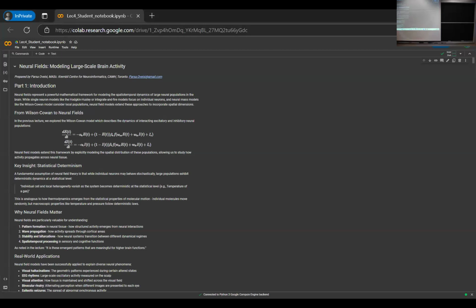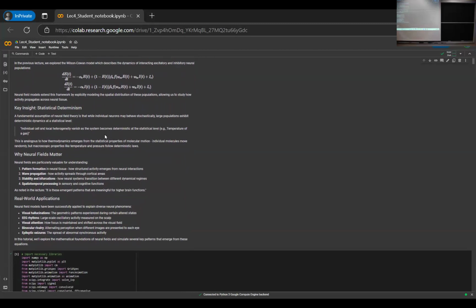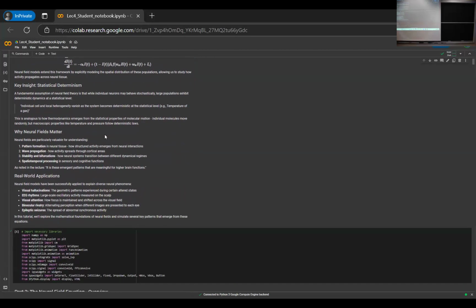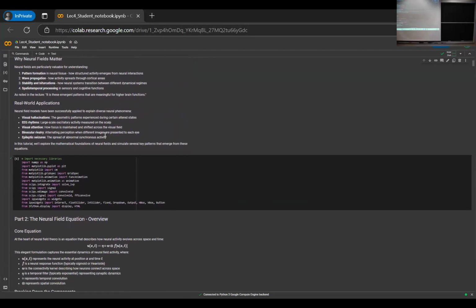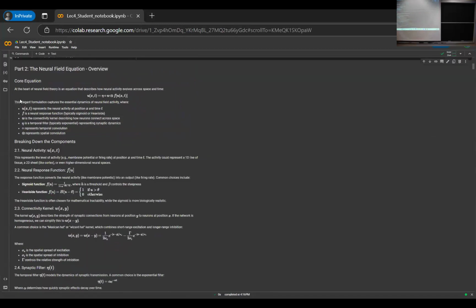So as I was saying in the introduction here, the novelty for this lecture is the introduction of the spatial element to it. So these were the Wilson-Cowan equations that we went through before, but now we're going to go through the Amari model in this tutorial. And okay, so let's get started with the equation itself.